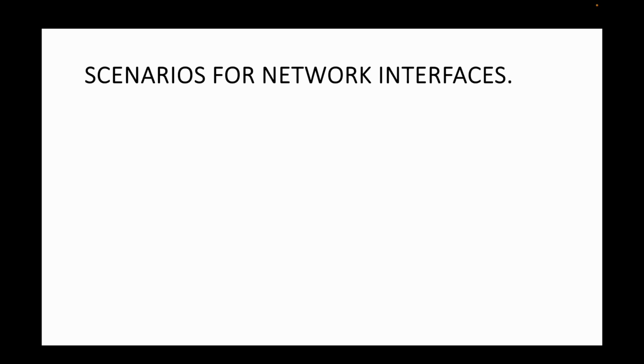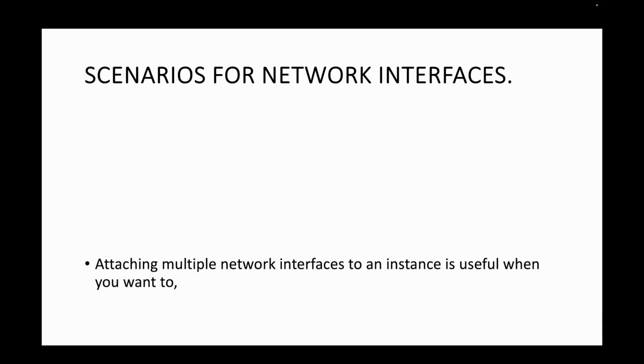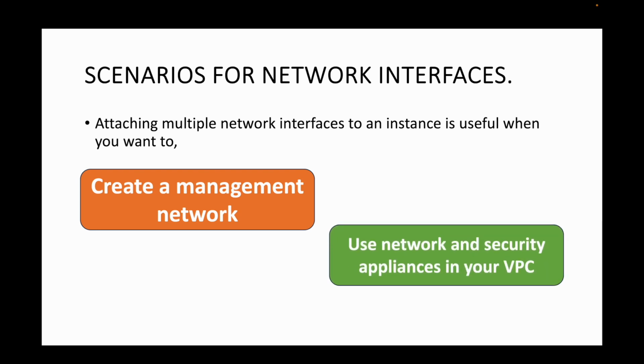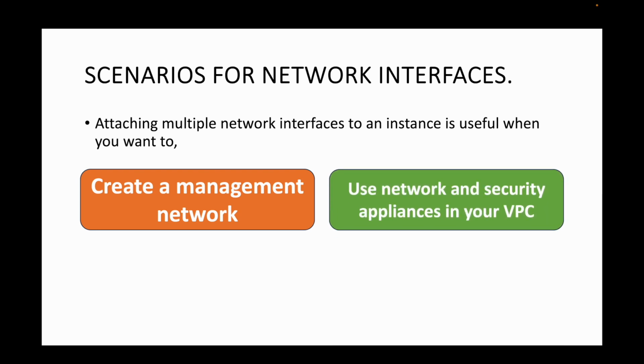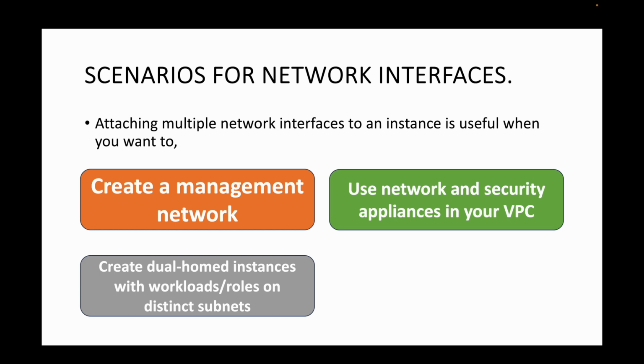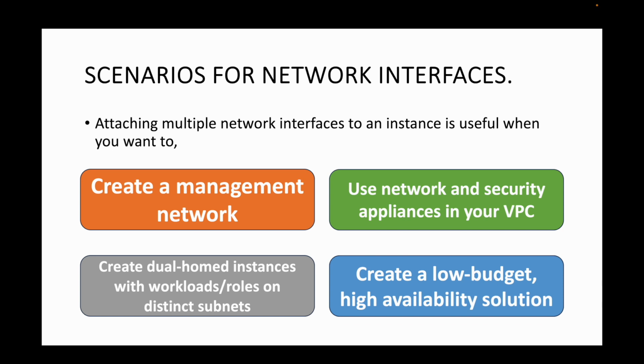Now, when do we need these network interfaces, or when do we create any additional or secondary network interfaces? Attaching multiple network interfaces to an instance is useful when you want to create a management network, use network and security appliances in your VPC, create dual homed instances with workloads or roles on distinct subnets, or create a low budget, high availability solution.